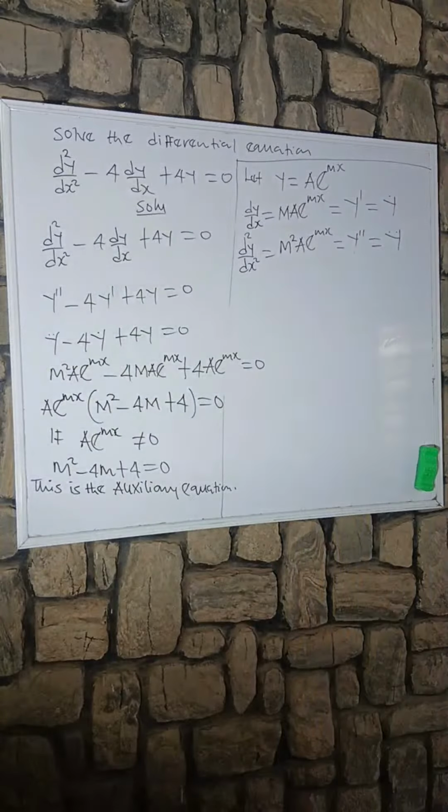Do you understand? So it means we are going to solve it the way we solve a quadratic equation. Do you agree with me? The way we solve a quadratic equation. Is that clear?